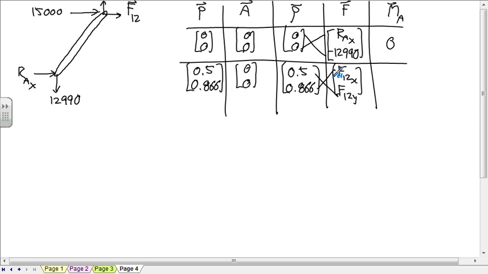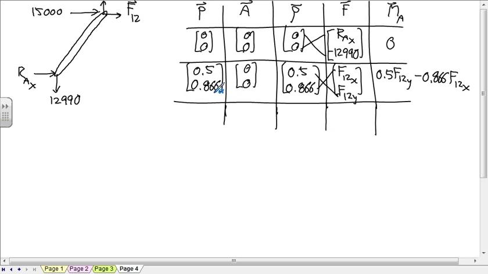Take the cross product and you get 0.5 F12Y minus 0.866 F12X. And then the last one, this 15,000 Newton force is applied at the same location.